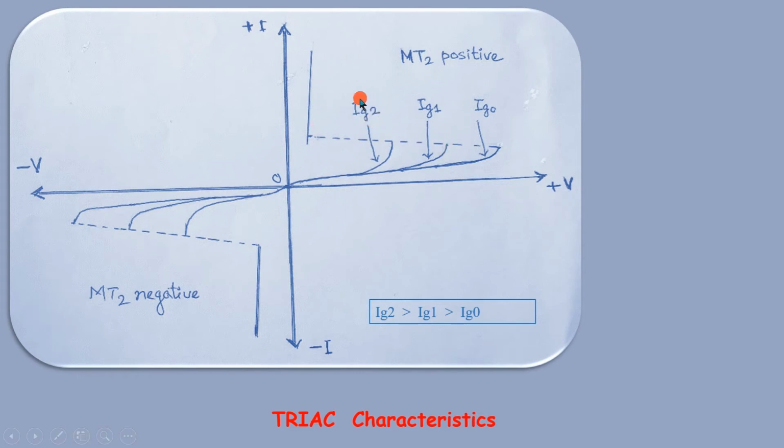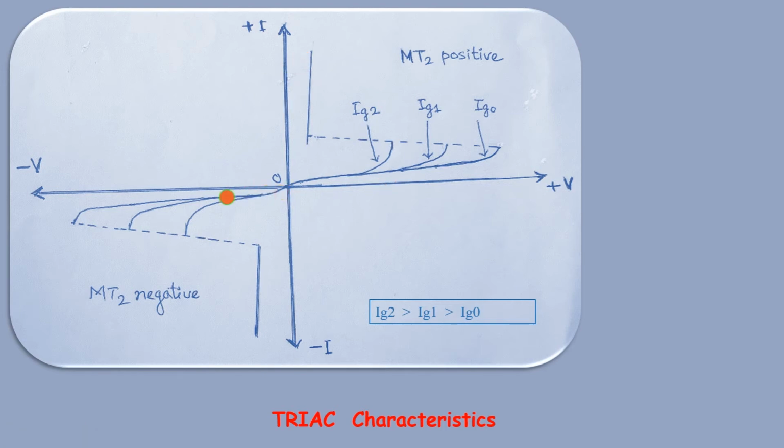If you increase the gate current to a slightly higher value, once again the triac will fire, but this time at a little lower value. This indicates that it fires here, here, here, depending upon the gate current. And see here, I have given you a clue that Ig2 is greater than Ig1, which is greater than Ig0, and that's why you have lower and lower firing voltage.